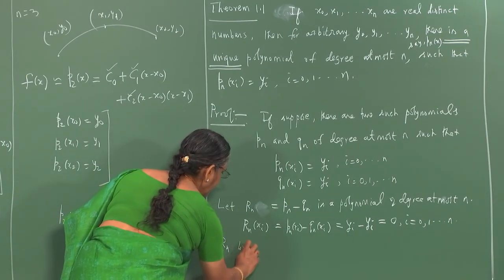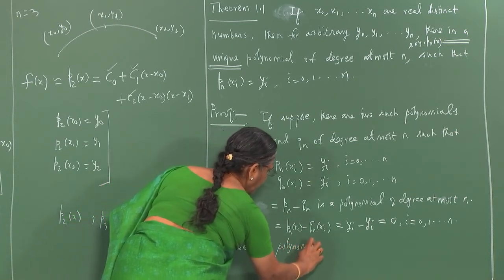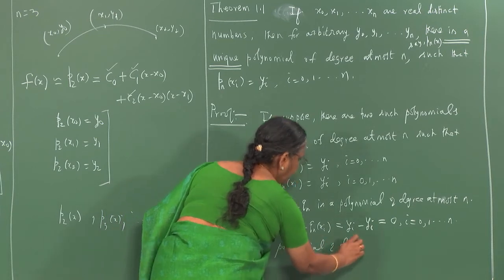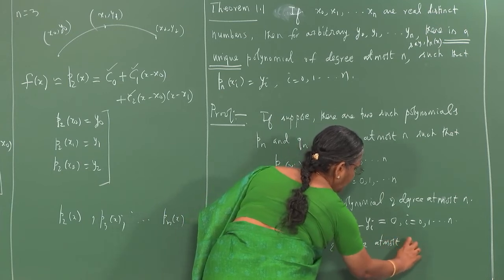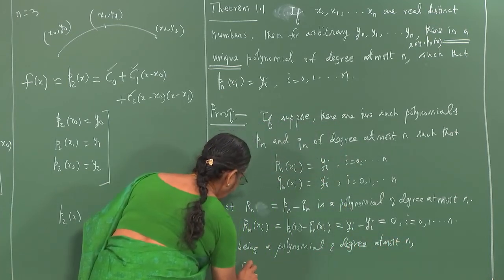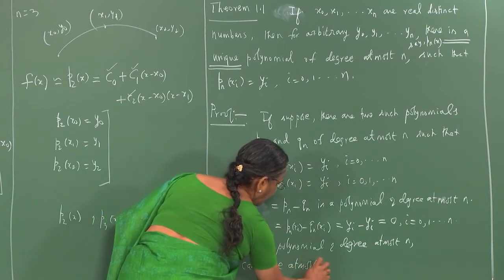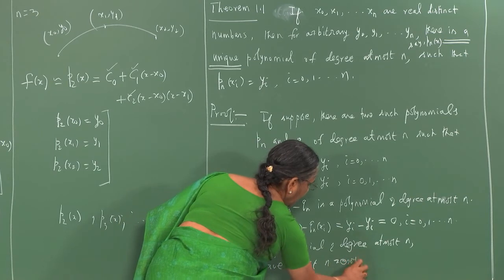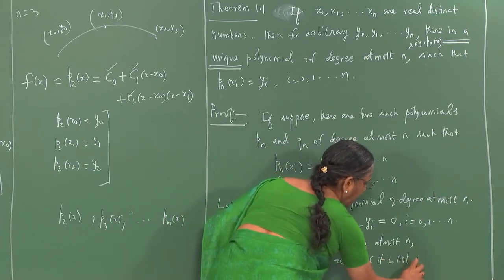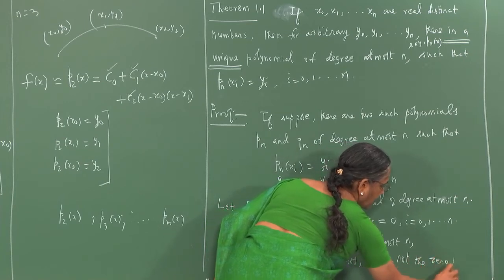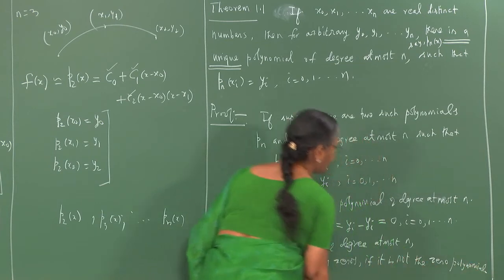Rn being a polynomial of degree at most n, it can have at most n zeros if it is not the 0 polynomial.